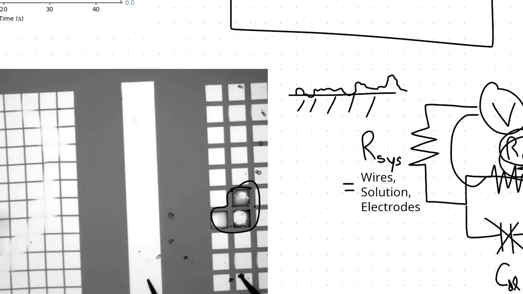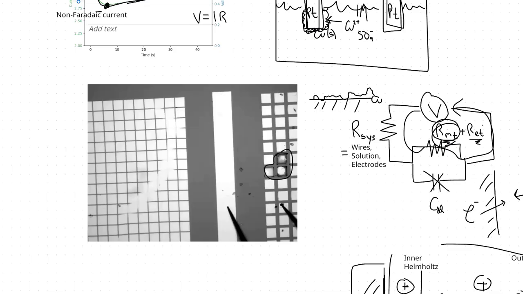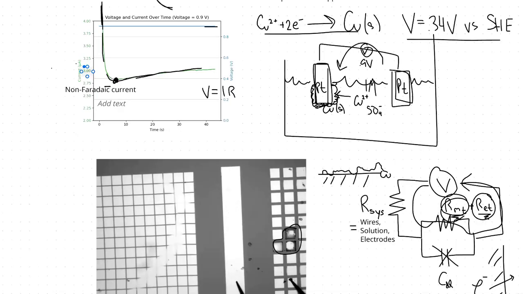These increase the roughness of the electrode, which increases its surface area. And now that there's way more surface area, there's way more area for the reaction to take place, which reduces the resistance of the electron transfer as well as the mass transfer. And when you reduce the resistance, you're able to increase the current.